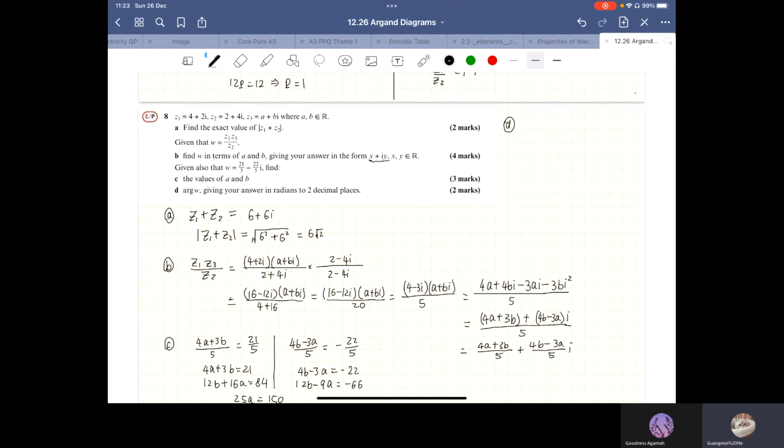That's easy. Tell me, how can we find the argument of w? We want to first construct an Argand diagram. Can you please tell me where the angle will lie? In the third quadrant?